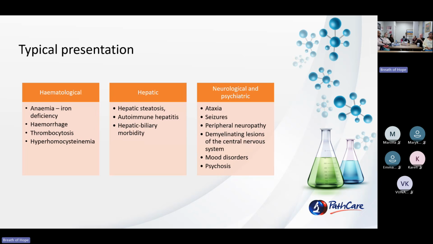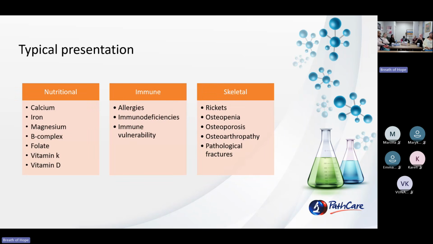It's actually quite interesting. There has been a link between mood disorders and psychosis and celiac disease in such patients. Also, you can have actual organic disease, like peripheral neuropathies, demyelinating lesions of the central nervous system, and this.